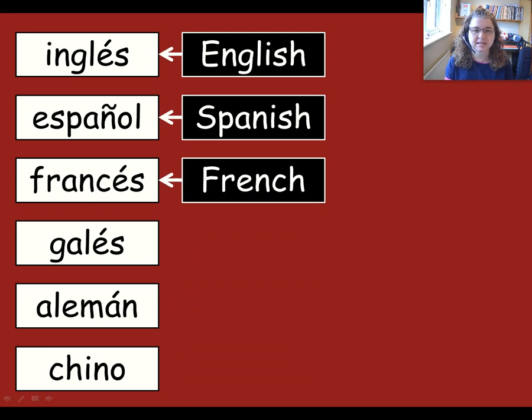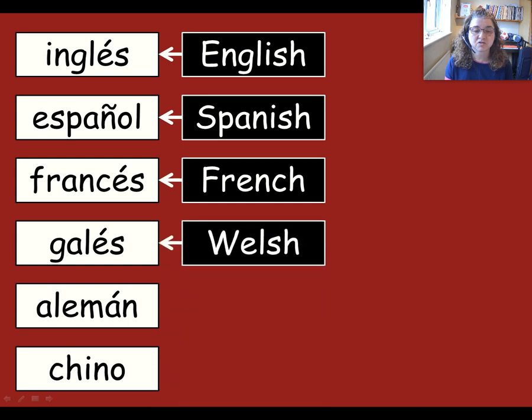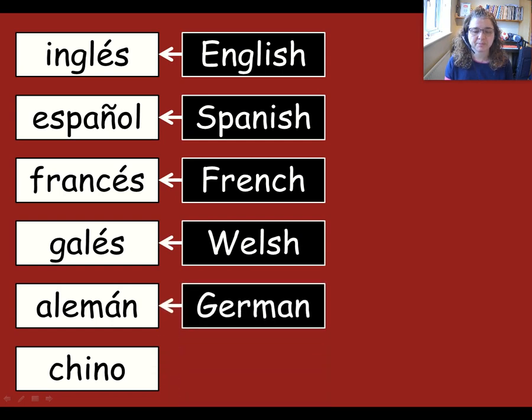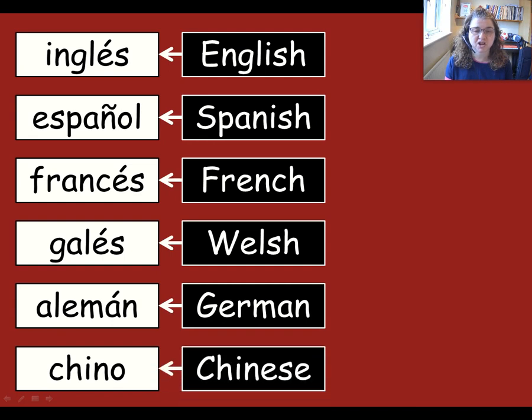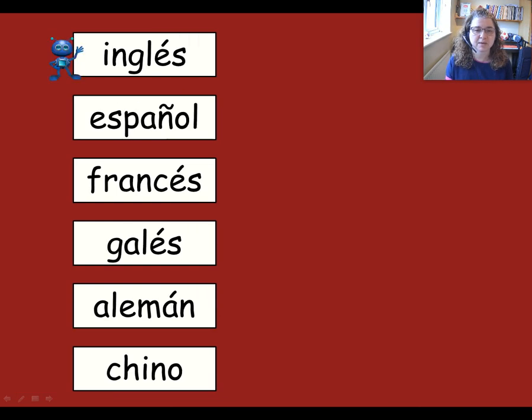What about Galés? Can you remember what that one is? That's right, it's Welsh. And what about Alemán? German. And finally, Chino. That's right, that one is Chinese. Let's have a practice then of those 6 languages.